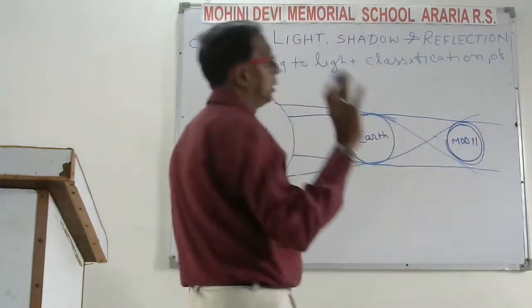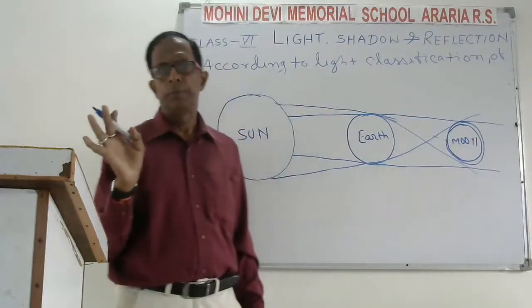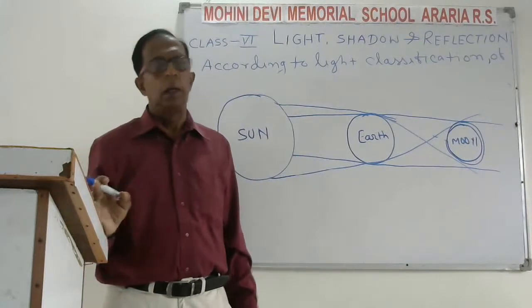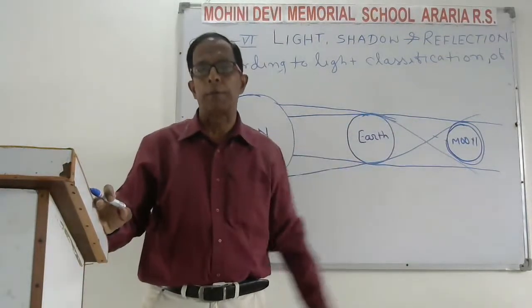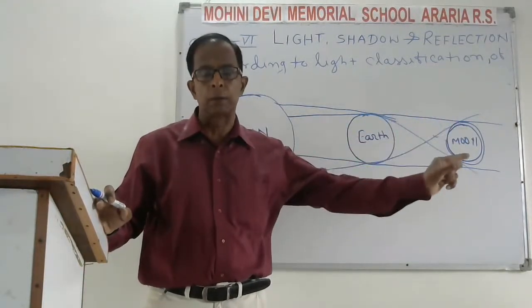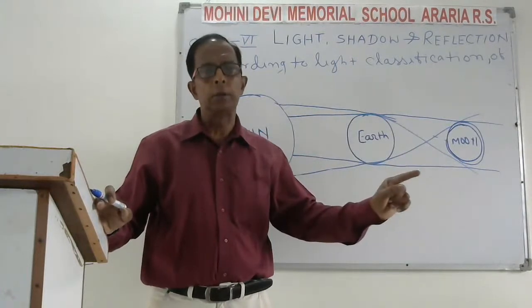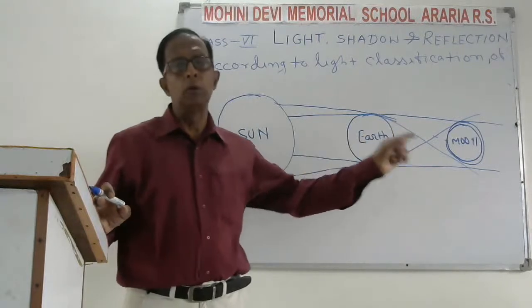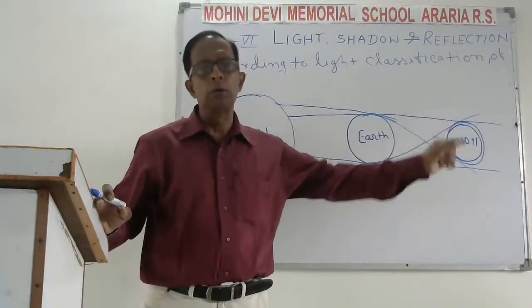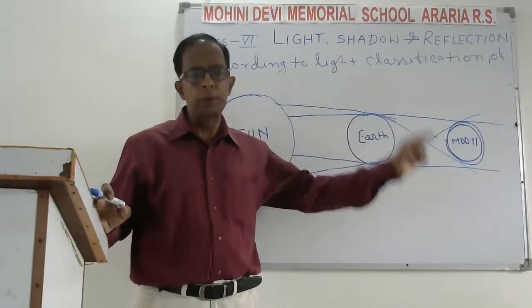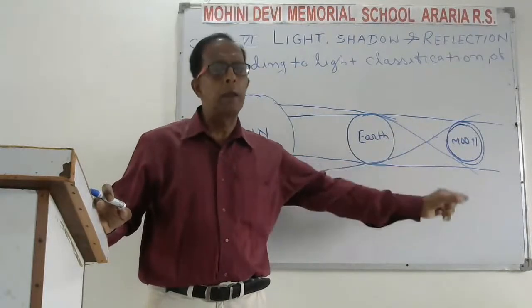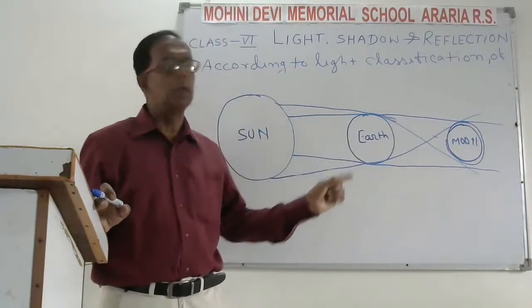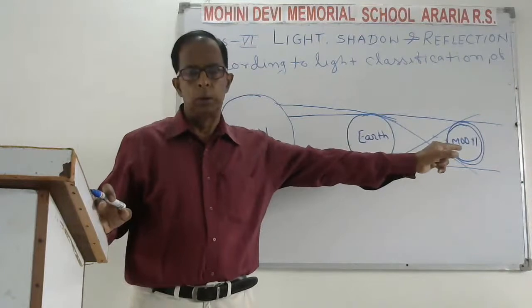The moon has no light of its own. Okay, my children? It is a best natural reflector of sunlight towards the earth. It shines because when sunlight falls on the moon, its surface is shiny and it reflects the light towards the earth, and then it is visible.